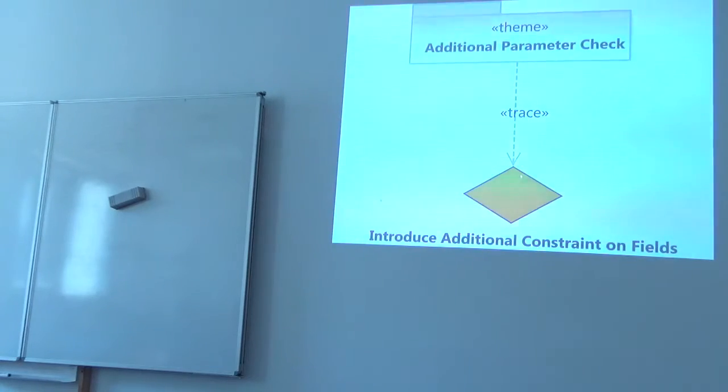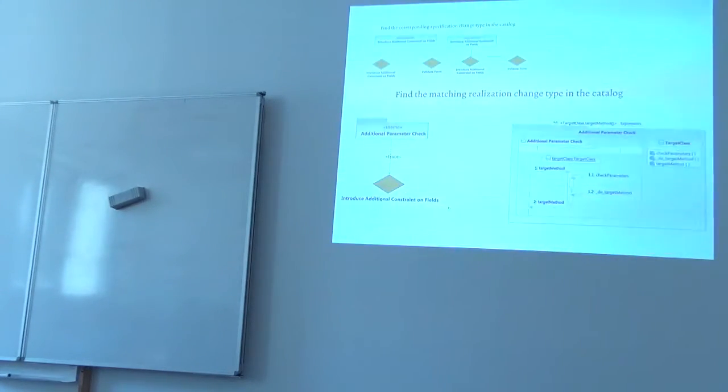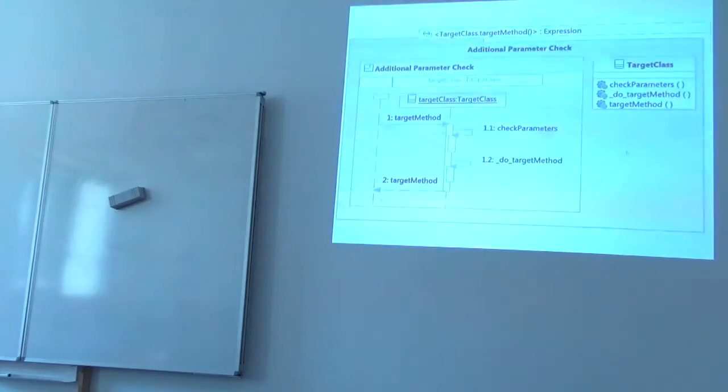So you will find, sorry, not the additional parameter. To perform the additional parameter check, yes, I said it correctly. You need to perform additional parameter check. It traces to your change of introducing additional constraint on fields. And then you can even have a model that will help you establish your implementation.